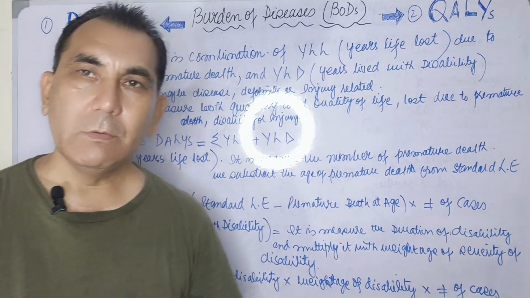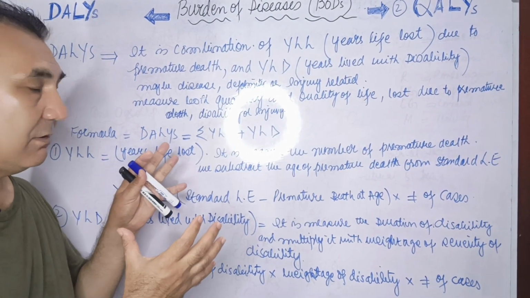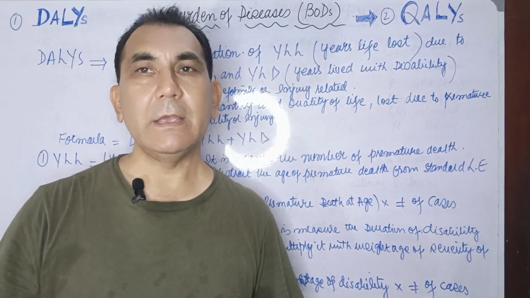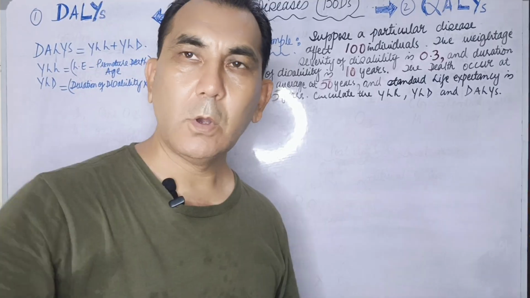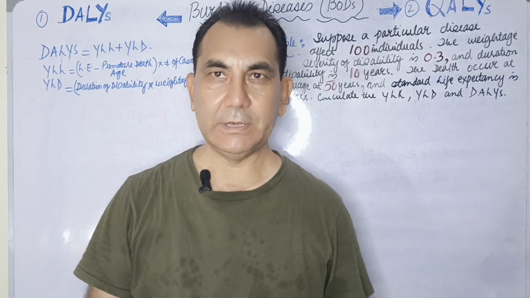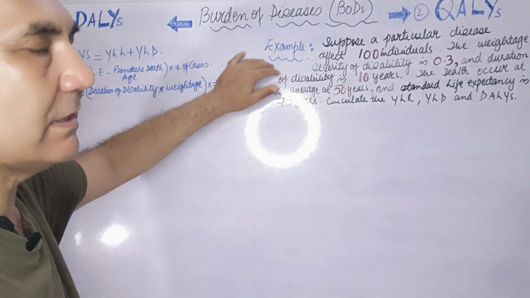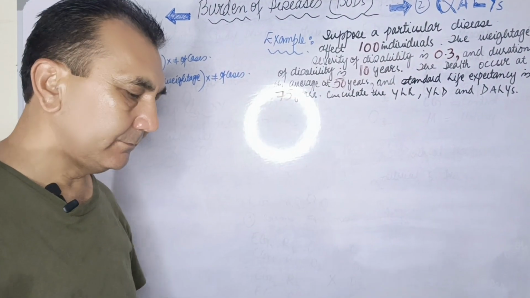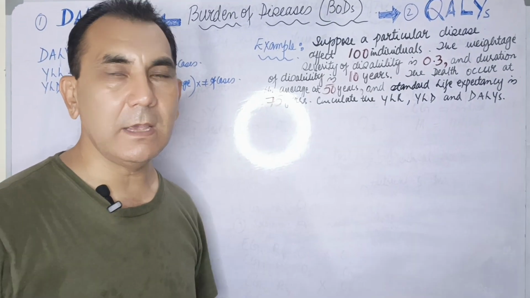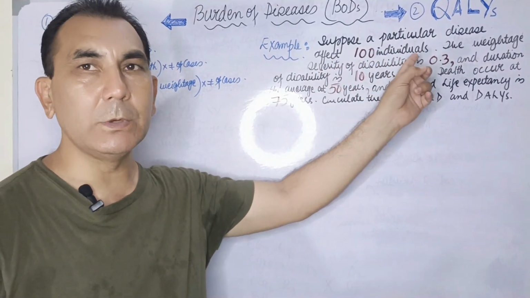Now we will go to measure the DALYs by this formula, with an example. Okay, now we will calculate the DALYs by a given example. Suppose, hypothetically, a particular disease has happened in an XY community, which affected 100 individuals.